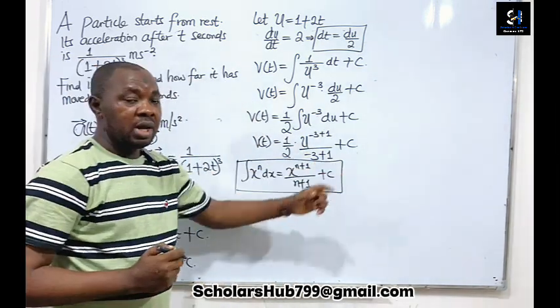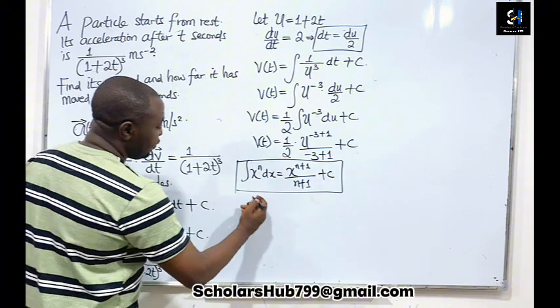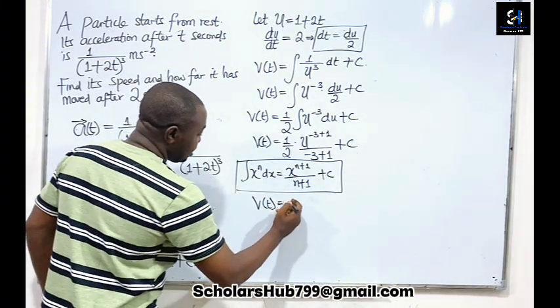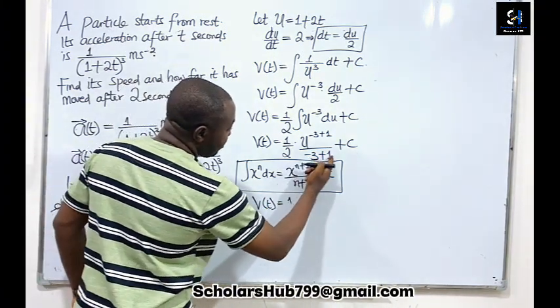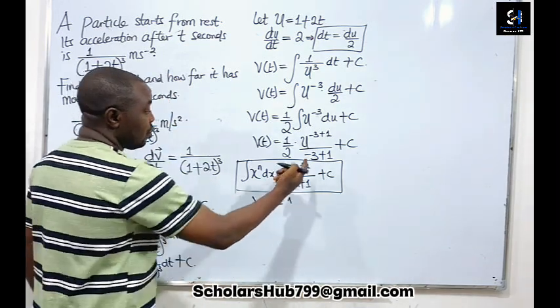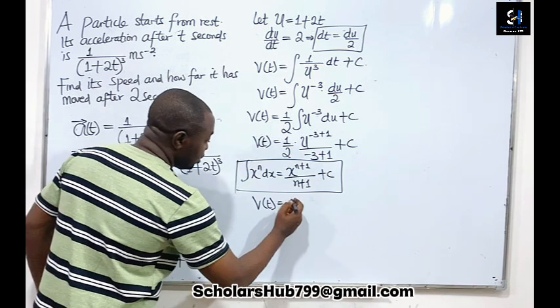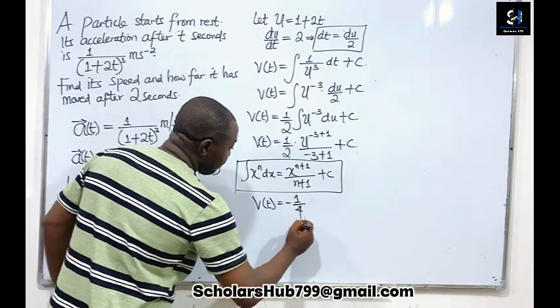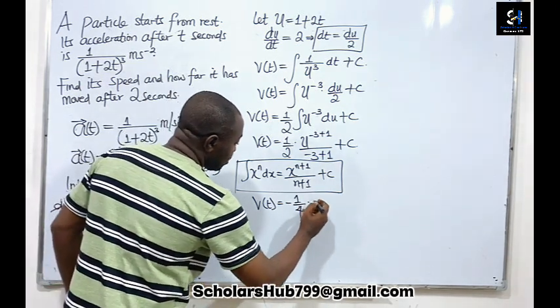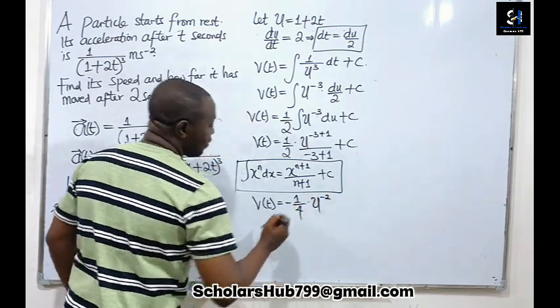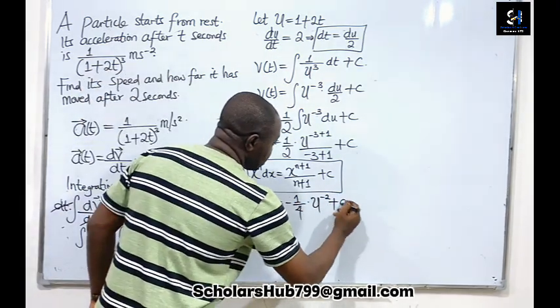So that's the rule I apply in this case. So v as a function of time t will be negative 3 plus 1, that will be minus 2. Minus 2 multiplied by 2, that will be minus 4. So this will be minus 1 over 4 multiplied by u raised to the power of negative 2 plus c.